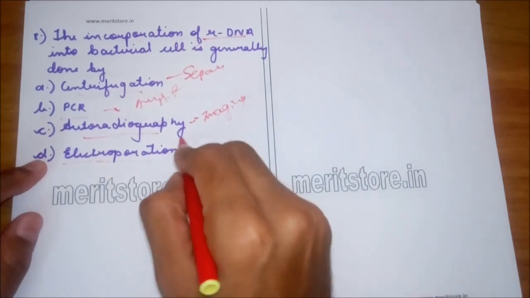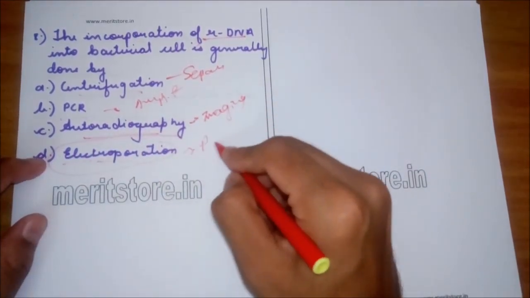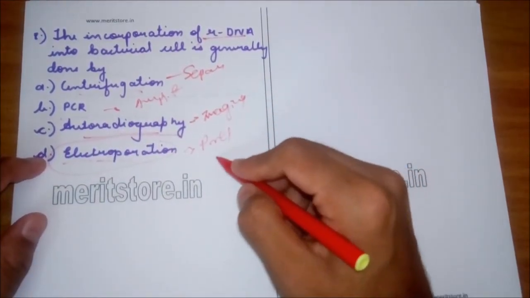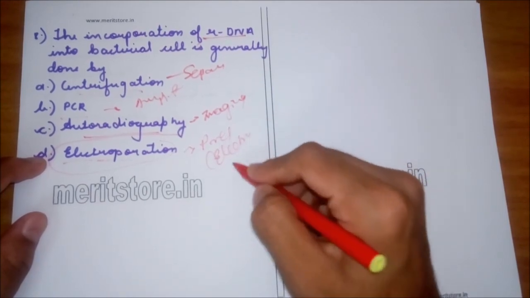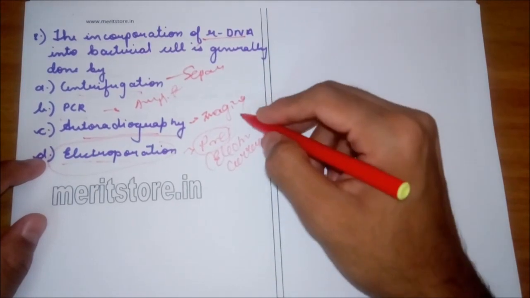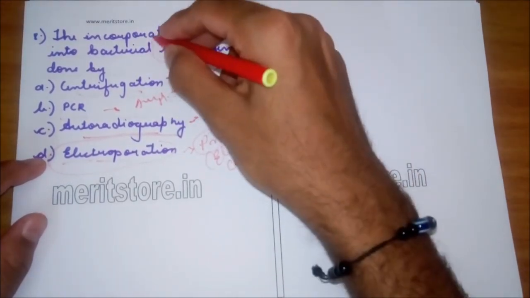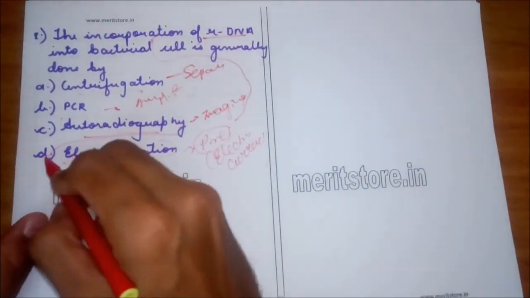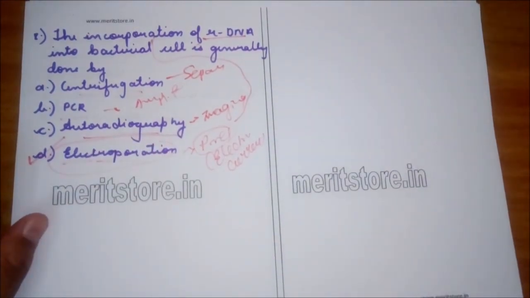So electroporation is where pores are created with the help of electric current. Through these pores, incorporation of rDNA occurs. So option D is the correct answer.